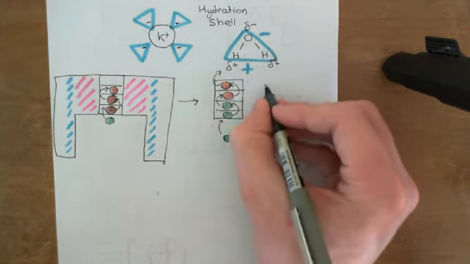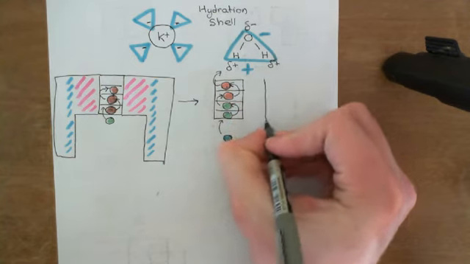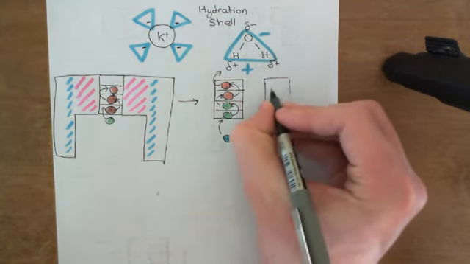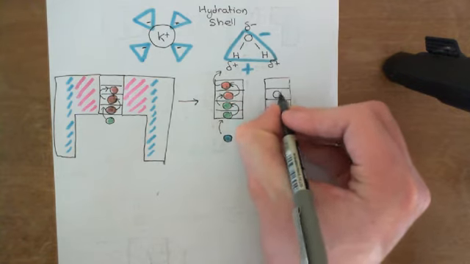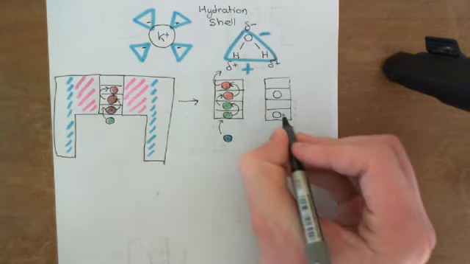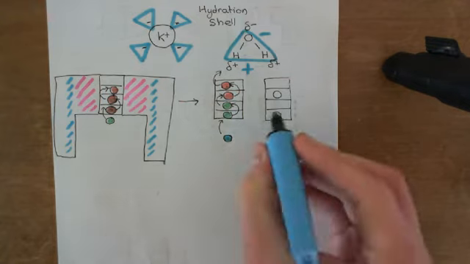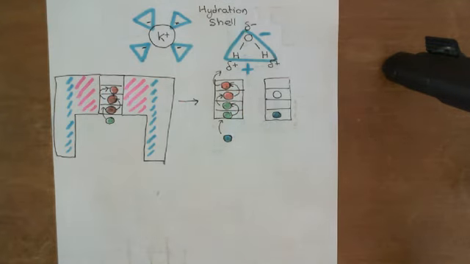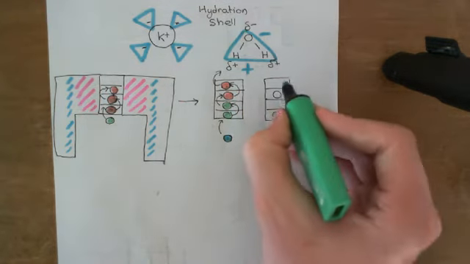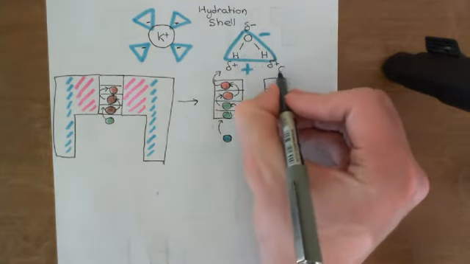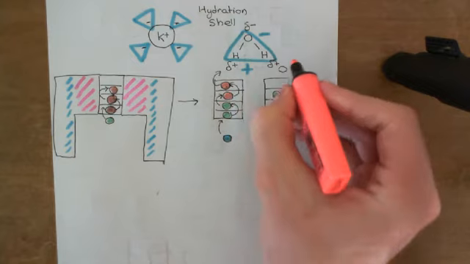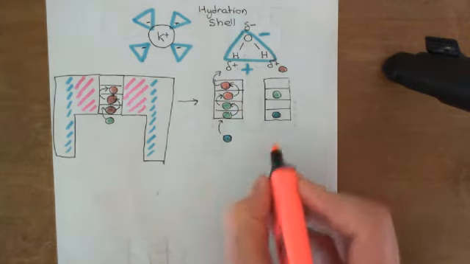So what's going to end up happening is you're then going to go to this situation. If I draw it again, you'll have potassium ion number 2 now in that one, potassium ion number 3 in this one down here. So there's potassium ion number 3 in blue, here's potassium ion number 2 in green, and then potassium ion number 1 will now have been pushed out to the extracellular side, and then it can continue on.